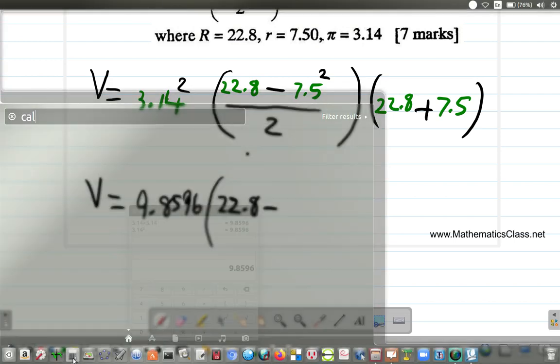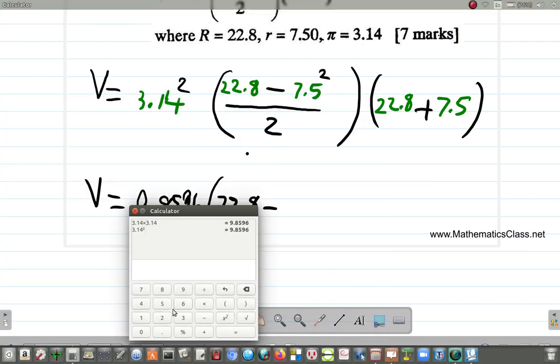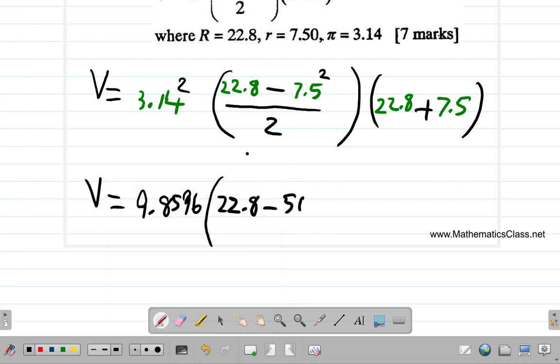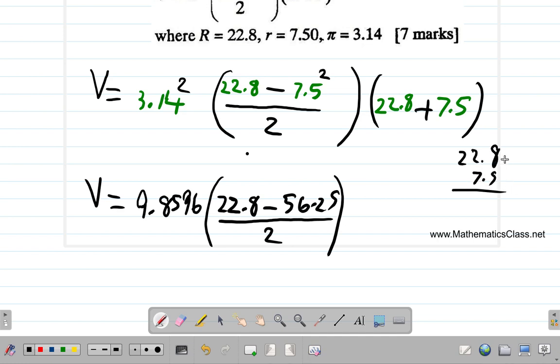Let's find 7.5 squared. 7.5 squared equals 56.25. So that's 56.25 divided by 2. Then 22.8 plus 7.5.